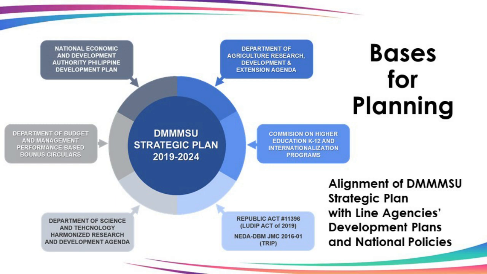Basis for planning. The figure shows the alignment of the DMMMSU strategic plan with line agencies' plans and national policies. These agencies include the National Economic and Development Authority and the Philippine Development Plan, Department of Budget and Management Performance-Based Bonus Circulars, Department of Science and Technology Harmonized Research and Development Agenda, Department of Agriculture Research Development and Extension Agenda, Commission on Higher Education K-12 and Internationalization Programs, and the National Higher Education Research Agenda.